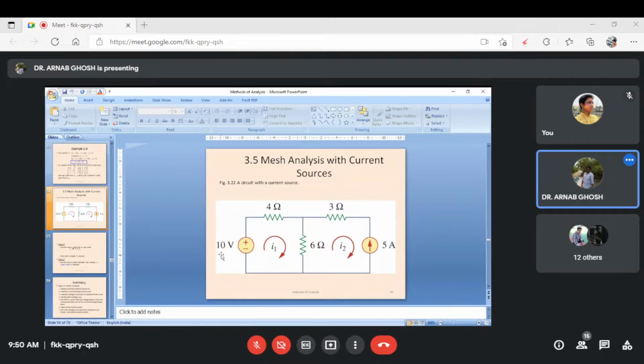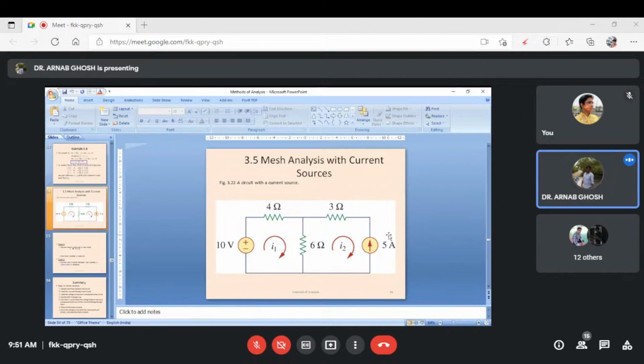So when I am talking about loop 2, where the current is equal to I2, what will be the value of I2? Because you already have a current of 5 ampere shown here, and this direction is opposite to that of I2, that means you already have the value of I2, and this will be equal to minus 5 ampere.